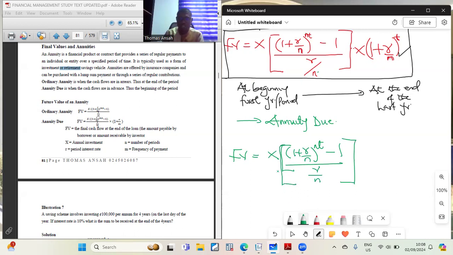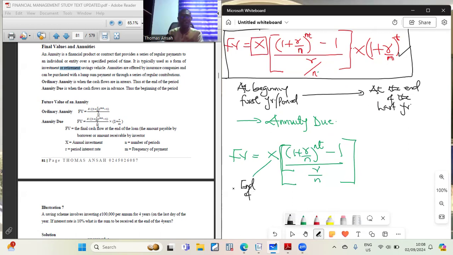What you see here is that this time round, the person is making the payment, and the X that you see is the payment the person is making. So in my example here, it will be the 500, the one that the person is making on a consistent basis. But you see, the formula is the same, nothing has changed. But you realize that this one is being done at the end of the period.